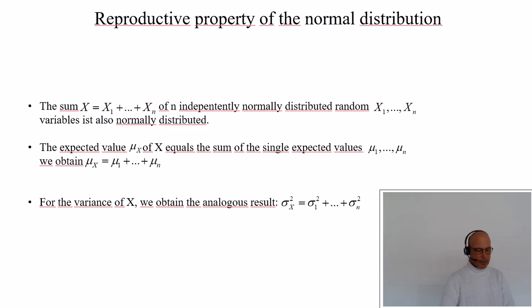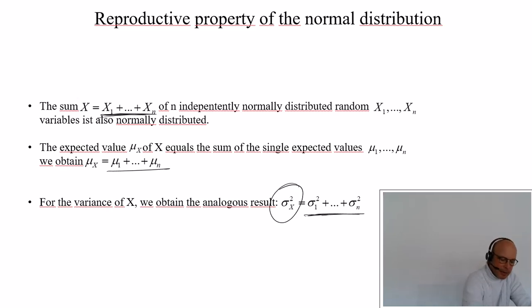This is also very nice: if we have independent events, then the distribution of the sum of some random variables splits into the property that we can just sum up the single expected values, and even more important, we can sum up the single variances in order to obtain the overall variance.